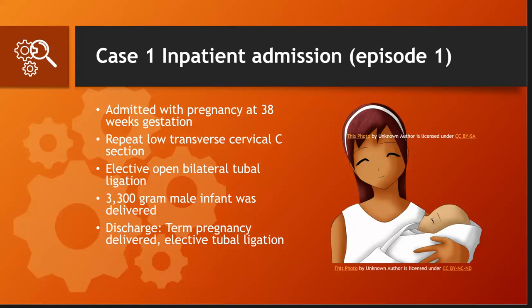The outcome of her delivery is a 3,300 gram male infant who has really good APGAR scores of 9 and 10. So that denotes that he is a live infant. And on day 3, the mother and the baby were discharged. Discharge diagnosis per your clinical documentation is term pregnancy delivered, elective tubal ligation.